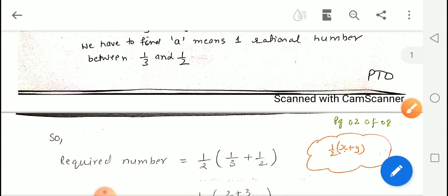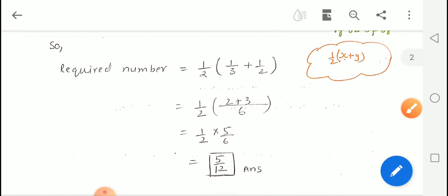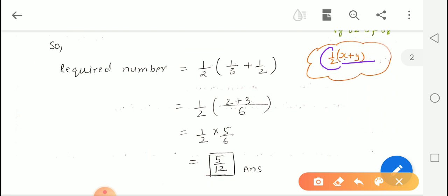For finding this, we will add these two numbers and divide by 2. See here, we have added 1 by 3 and 1 by 2 and it is divided by 2, or multiplied by 1 by half. Both have the same meaning.